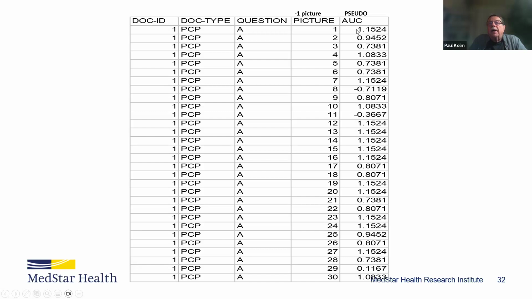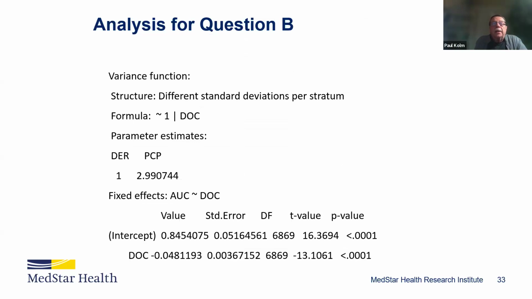So 1.15 is the AUC, which is more than one, but that sometimes turns out that way, leaving out picture number 1. So then we put picture number 2 back in, take out picture number 2, and recompute the AUC. And so we do that down for all 30 pictures, and then we can come up with one AUC for this particular physician.